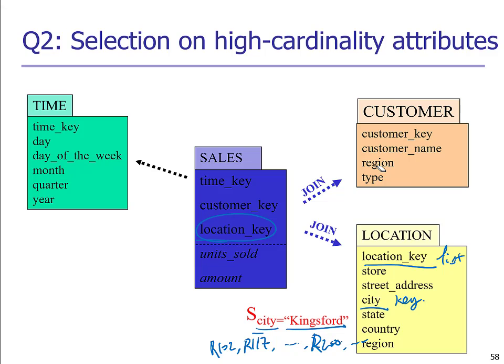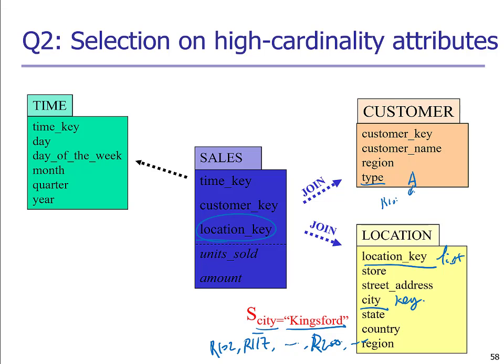Probably we should build on type, that is better. Say we have built a join index using type in the customer table as the key, and say the type is A. So for type A, we have built a join index, which corresponds to a list of row IDs.